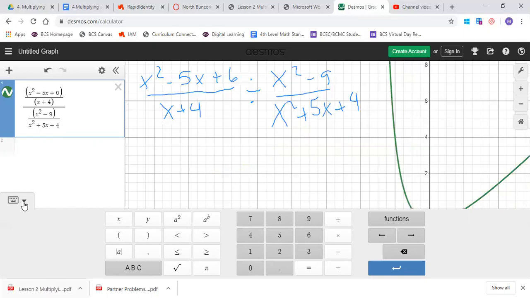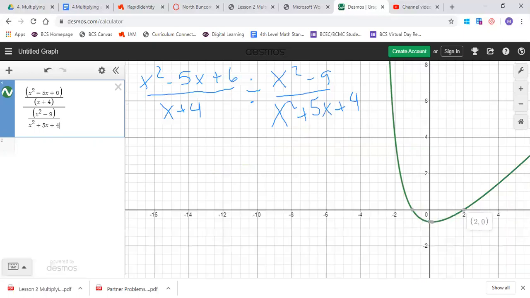Now, in order to divide rational expressions, it's actually pretty simple. It's the exact same as multiplying rational expressions. The only difference is when you divide by a fraction, you have to flip the second fraction. I know that's messy.